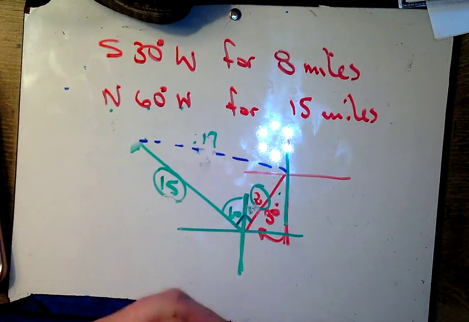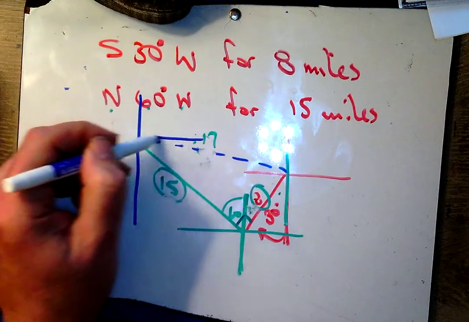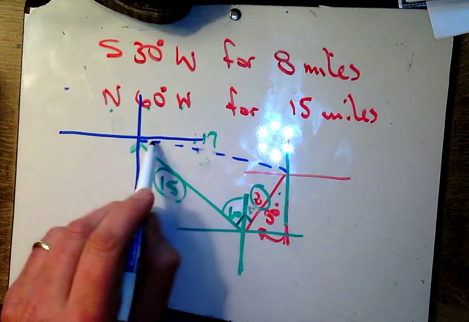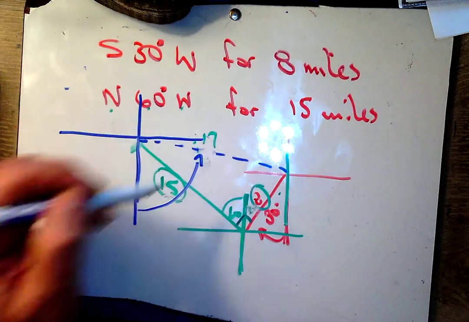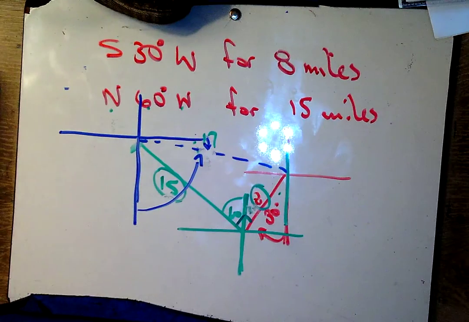But the challenge seems to be more in what's the bearing to get home. And the bearing to get home is this blue dotted line. So it's going to be south, something east, or east a tiny bit south. I don't know what that's going to be yet.